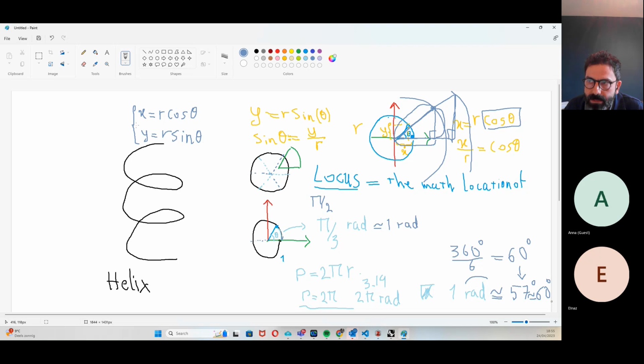Does this make sense? Because I'm just stating the facts about the circle. Is that correct? Yes. So what's the point of this? The point of this is the following.